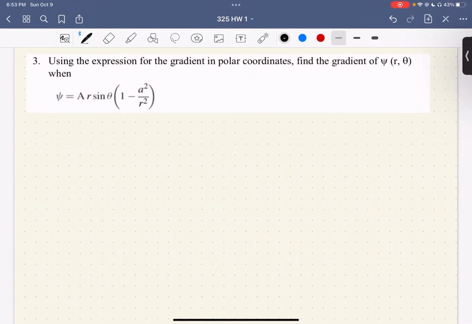All right, so question 3 is asking for the gradient of phi. And right away, we're given phi. And as you can see, it's in polar coordinates. So right away, don't be scared. It's just the same thing, the gradient, but just in polar form.